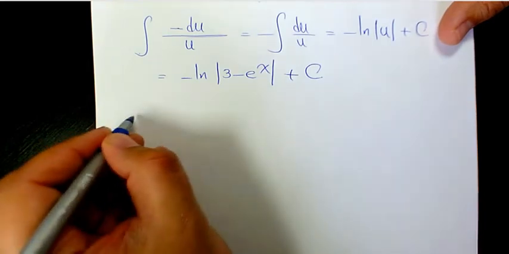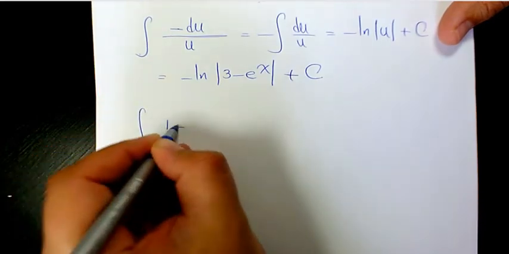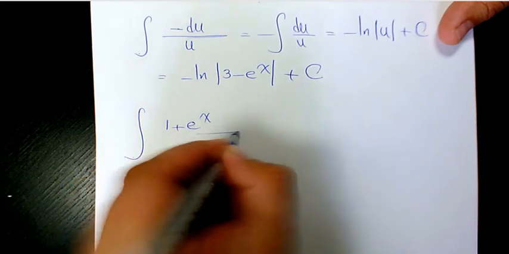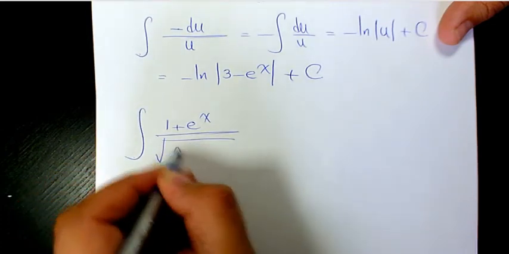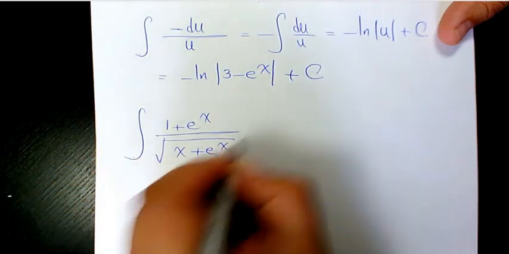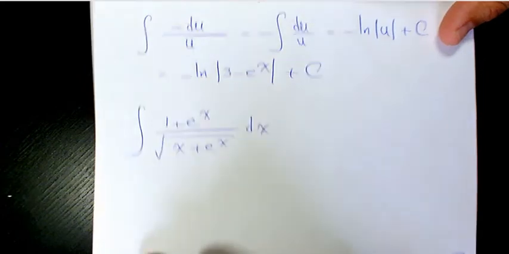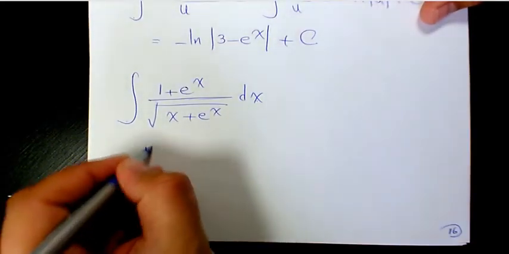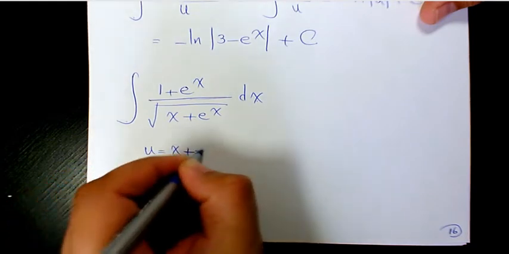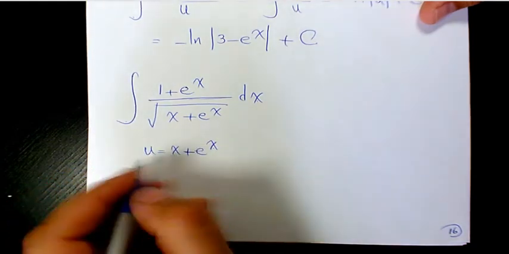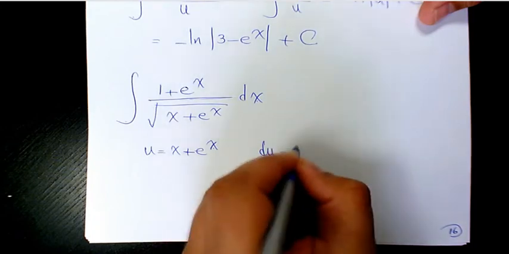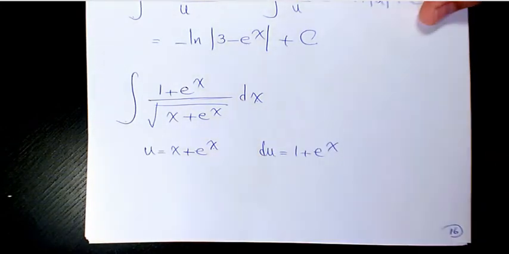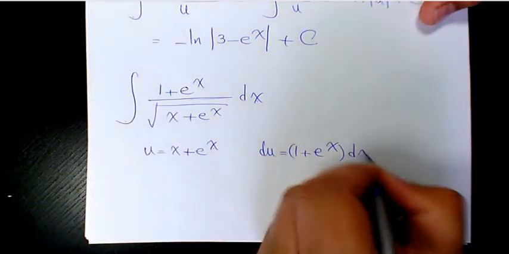Next example. 1 plus e to the power of x over square root of x plus e to the power of x dx. You're going to say u equals x plus e to the x, and du is going to be 1 plus e to the x dx.